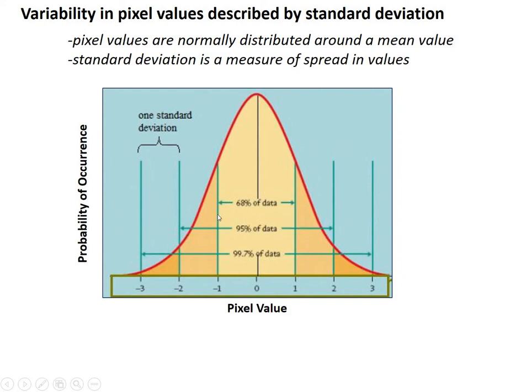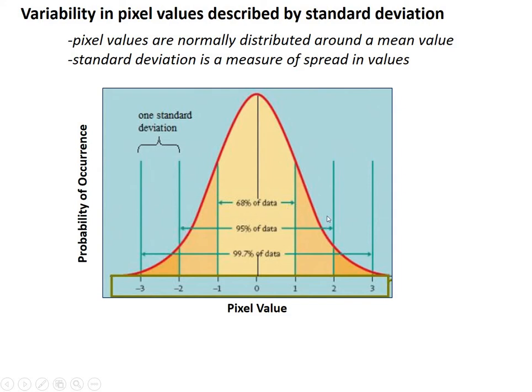So if your data are spread all over the place, you'll have a wide standard deviation. This curve will be very, very wide. And if they're packed tightly, this curve will be very narrow. And if the data are normally distributed, roughly 68% of your data falls within one standard deviation here.